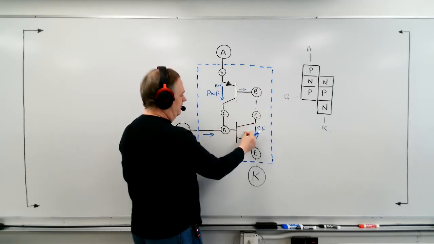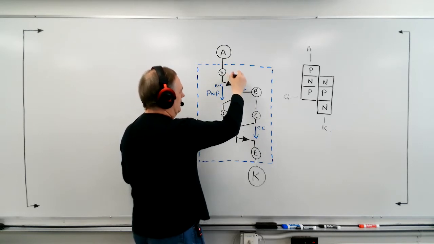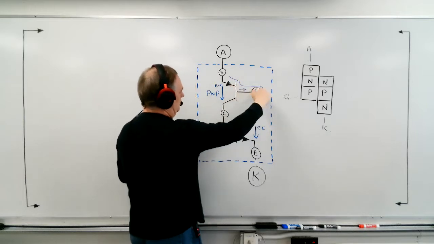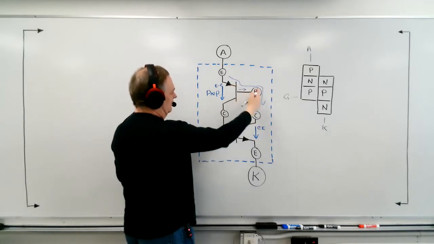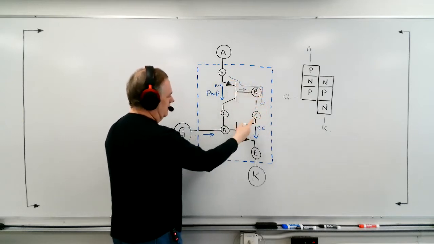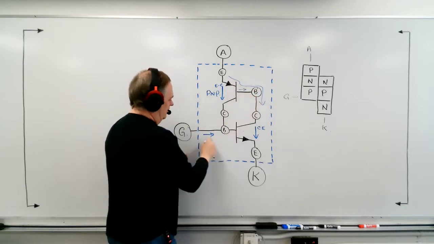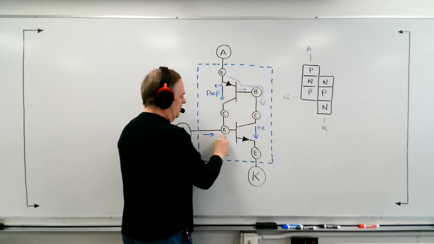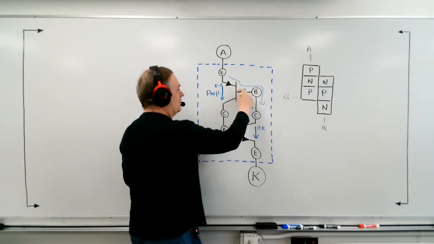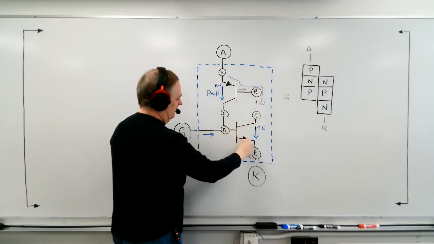When this closes, then current can flow through this base lead, because now we've closed this circuit and we're allowing the base current to flow into the collector. Now remember, the only reason this is working now is because we introduced base current here, which closed this contact. This closes, current flows through here into here like this.